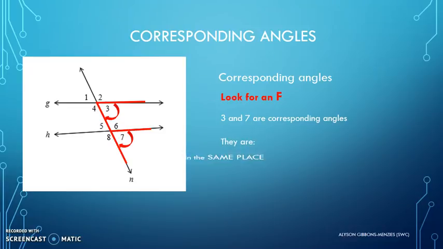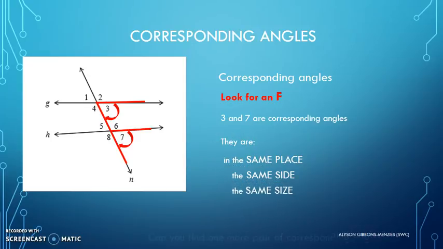They are in the same place, but one above the other. They're on the same side, and they are the same size. Can you find one more pair of corresponding angles? I can see 2 and 6, 1 and 5, 4 and 8.